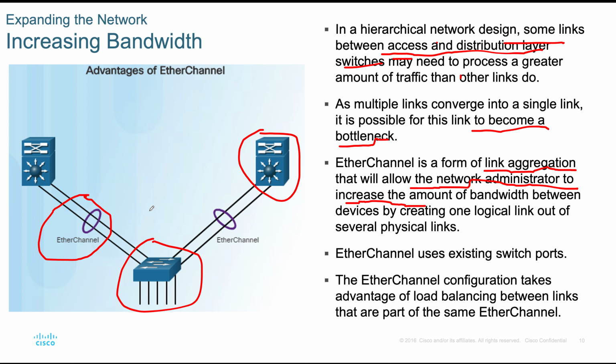So you have many physical links that will be linked together using the Ether channel, and this will enhance the bandwidth and give better system performance. Ether channel uses existing switch ports, so you don't have to create new ports. Ether channel configuration takes advantage of load balancing between links that are part of the same Ether channel.